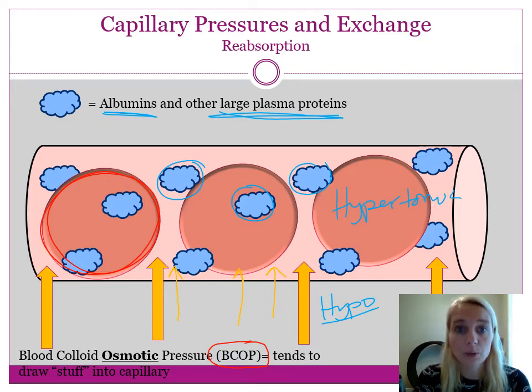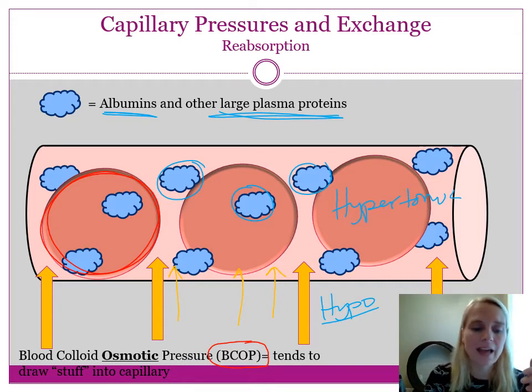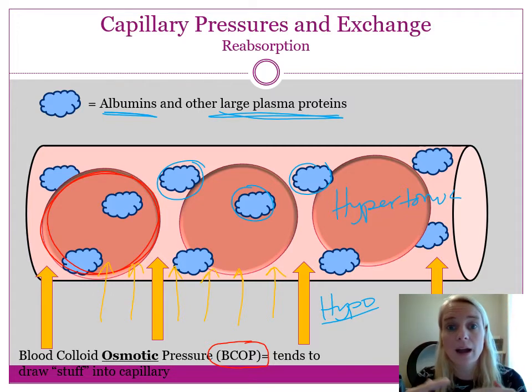That's what we call blood colloid, because colloid is representing all of these large kind of suspended proteins. Osmotic, water goes towards higher solute concentrations, pressure. So BCOP is a tendency pressure to go back into the capillary, where hydrostatic pressure tends to push stuff out.